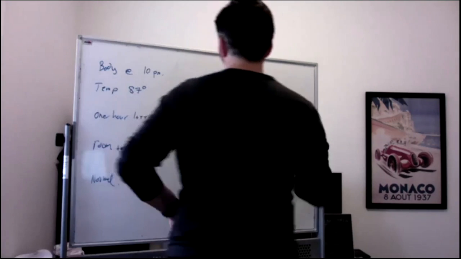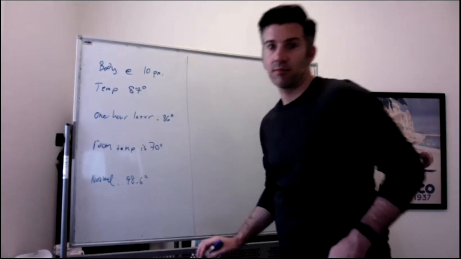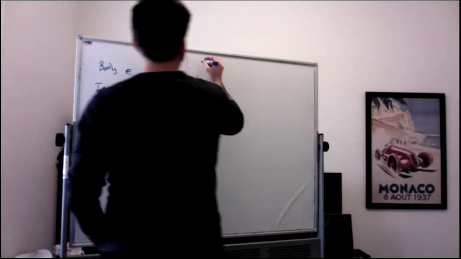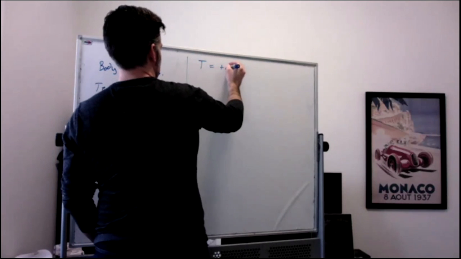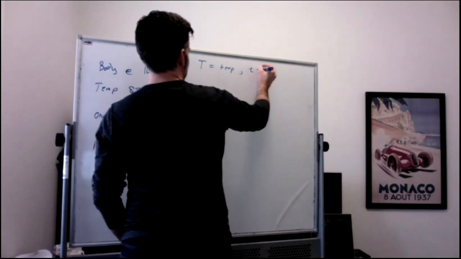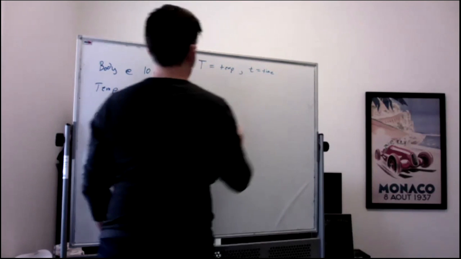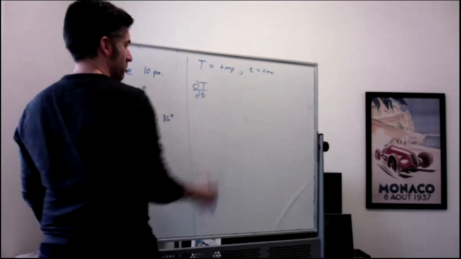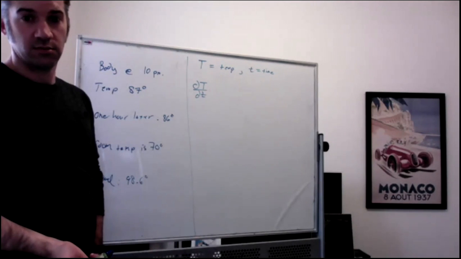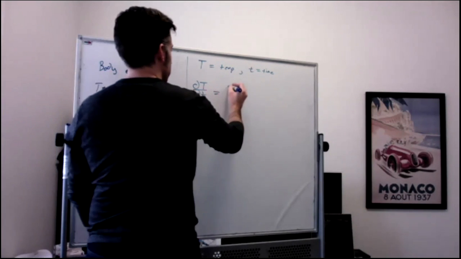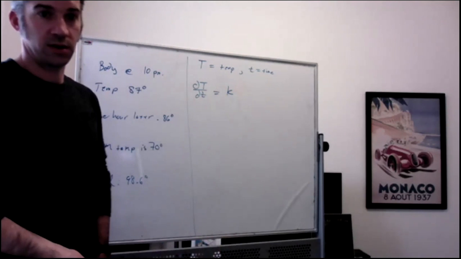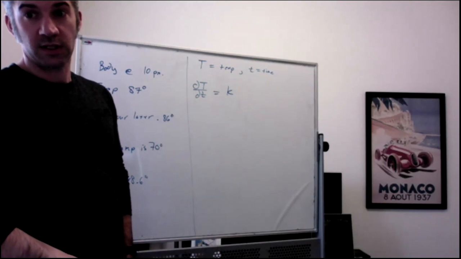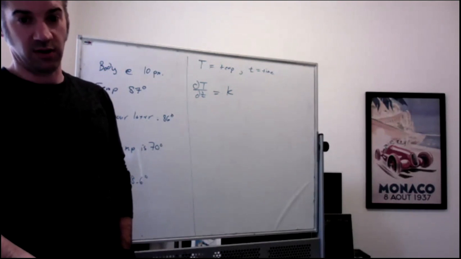Okay. So let me read that again. Assuming that the rate of change of the body temperature. So let's say capital T is body temperature and little t is time. So the rate of change of body temperature, dT/dt, is proportional to, so it's some constant multiple of, the difference in the body temperature and the temperature of the surrounding environment.